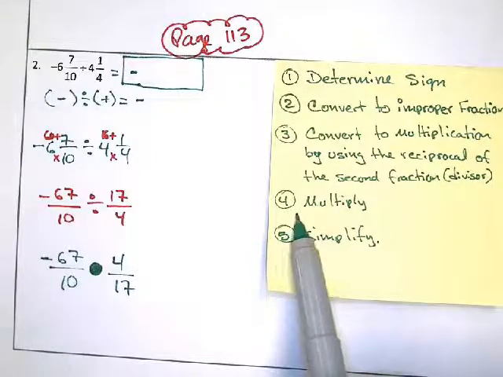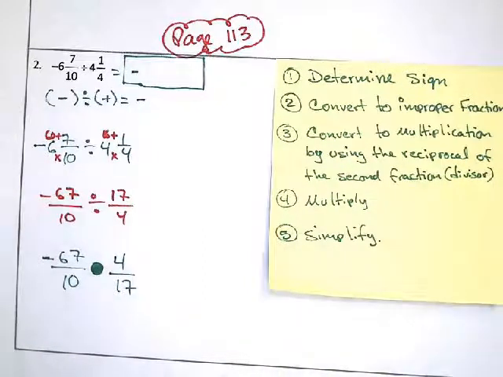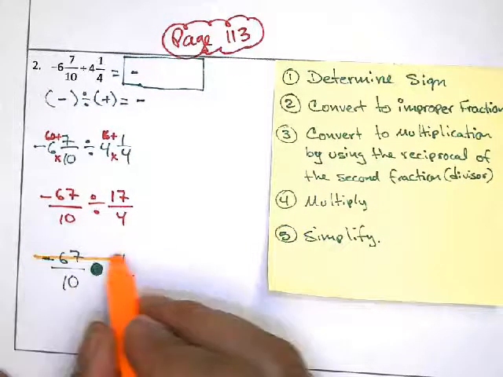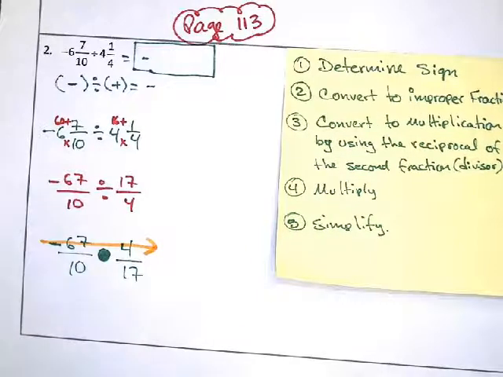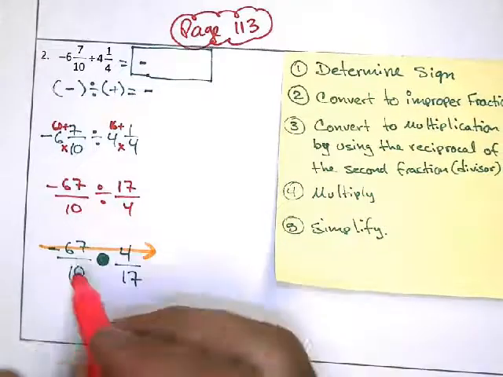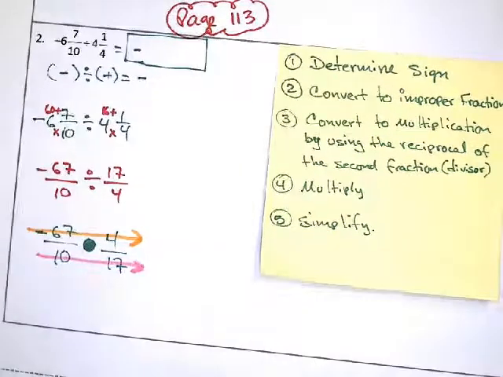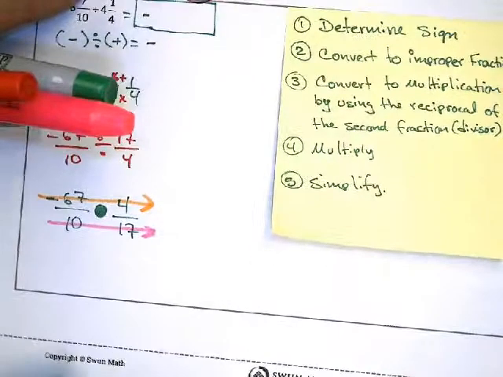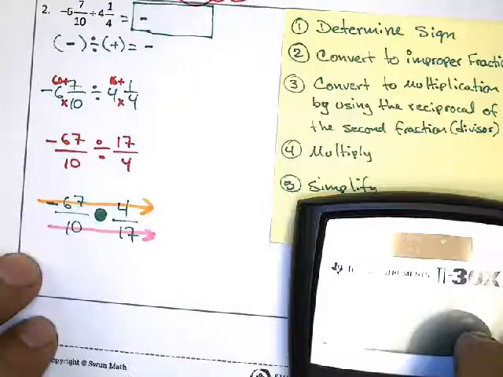Step number 4, I need to multiply. Remember, when you multiply fractions, you multiply across. We go in this direction. That is what we do when we multiply fractions. So I'm going to multiply 67 times 4. I have my little calculator here. 67 times 4.